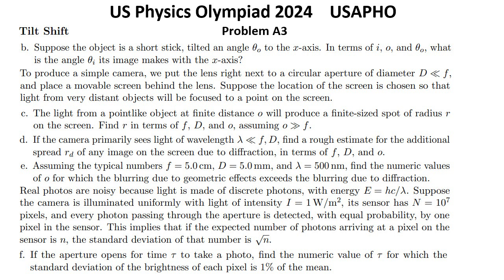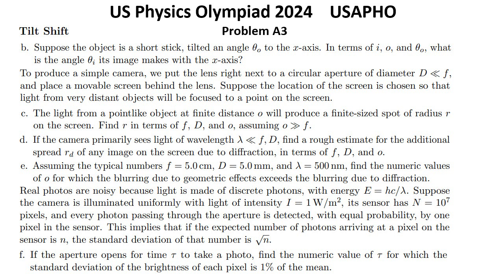Real photos are noisy because light is made of discrete photons, with energy E equals hc over lambda. Suppose the camera is illuminated uniformly with light of intensity I equals 1 watt per square meter, its sensor has n equals 10^7 pixels, and every photon passing through the aperture is detected, with equal probability, by 1 pixel in the sensor.